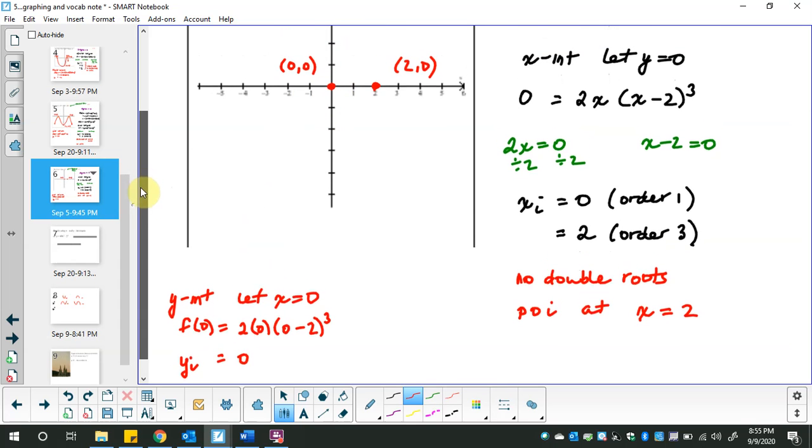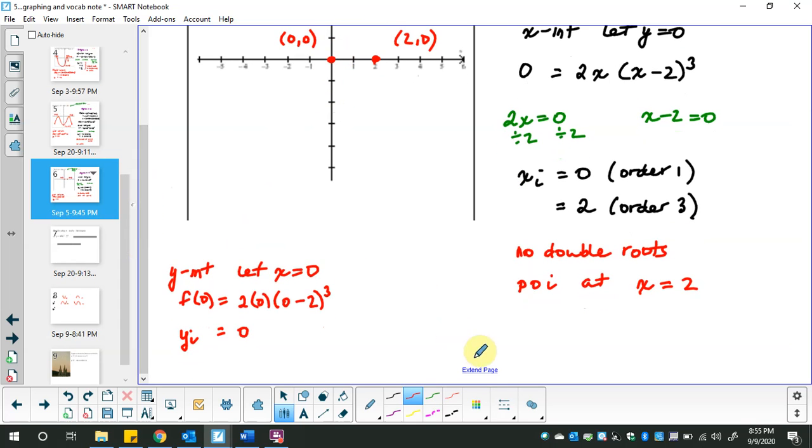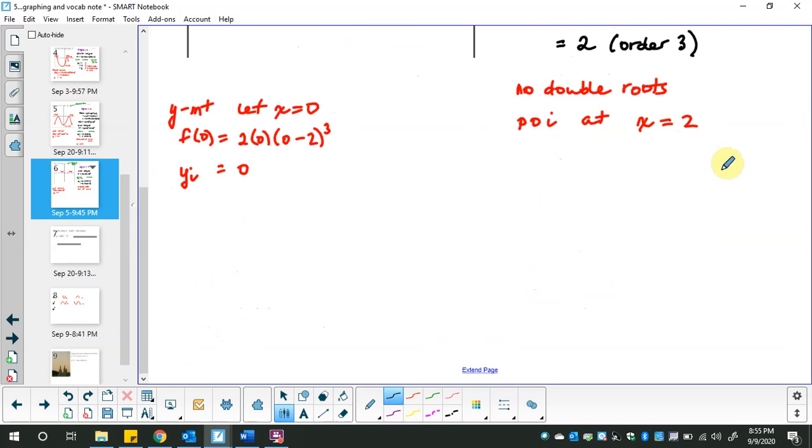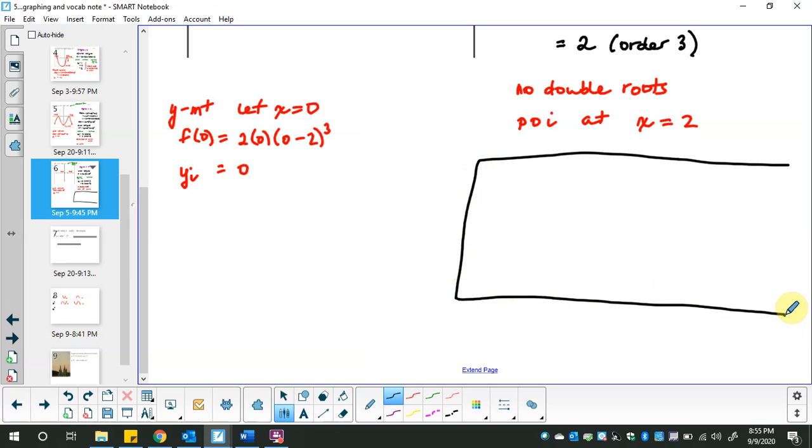So let's take a little break from the picture and talk about points of inflection. Points of inflection are order 3. That means they don't act like parabolas anymore. But they do happen on the x-axis still. And they do one of two things.